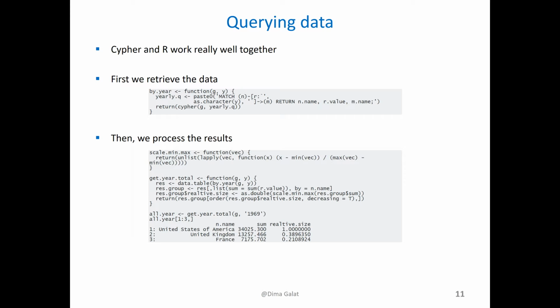Finally, I'm returning it in decreasing order of size. So if I execute get year total 1969, I get the top 3 exporters with relative sizes and their trade values.